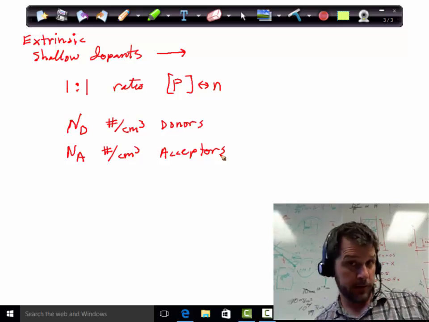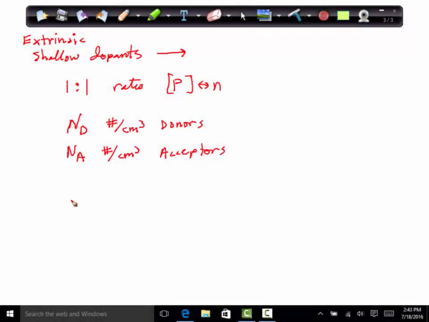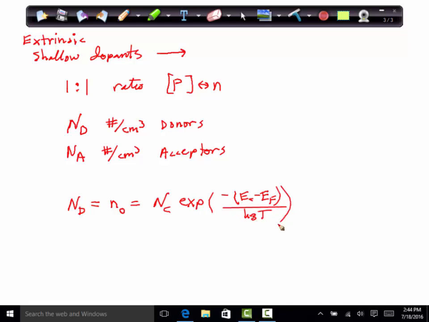So if we go back to our expressions relating the Fermi energy and the free electron concentration, we can assume that for silicon doped with ND donors, we're going to have that equal to our N naught, which is our thermal equilibrium concentration, and that in turn is going to be equal to NC exponential to the minus EC minus EF over kBT.